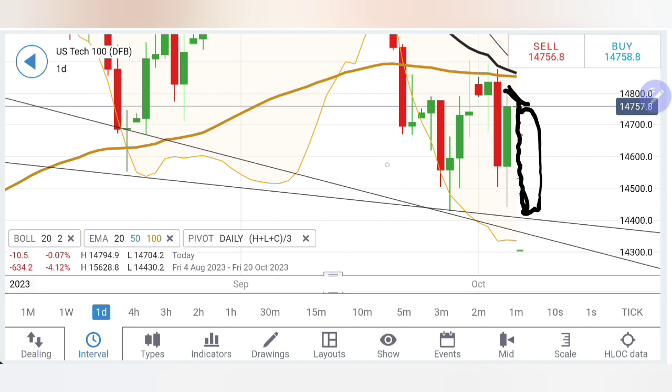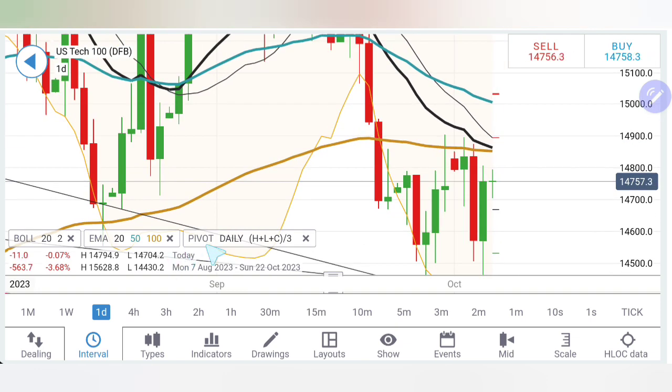Be careful. As long as 14,800, 850 levels are not breached, do not treat Tech 100 as bullish. Above 14,850, yes, one may stay long, 14,880, 920 next. Beyond 14,880, 920, do not think of selling Tech 100.